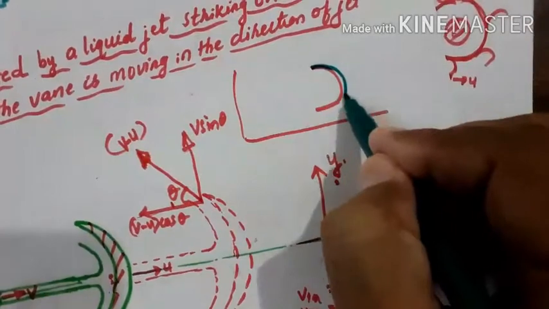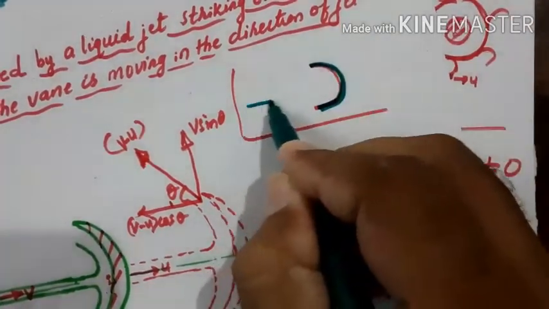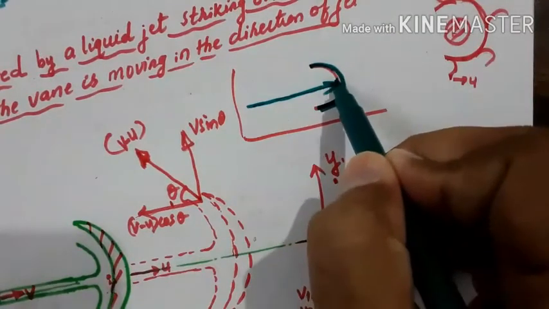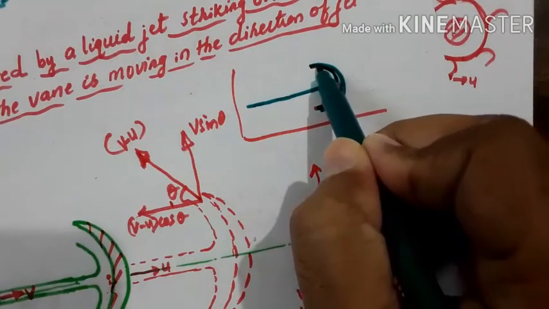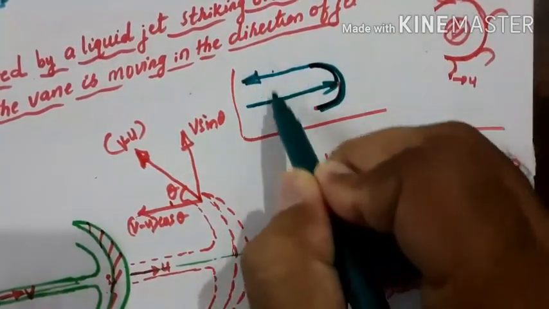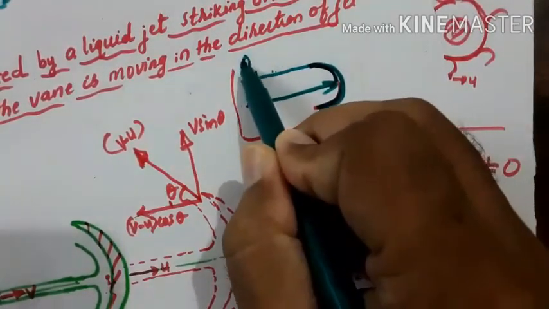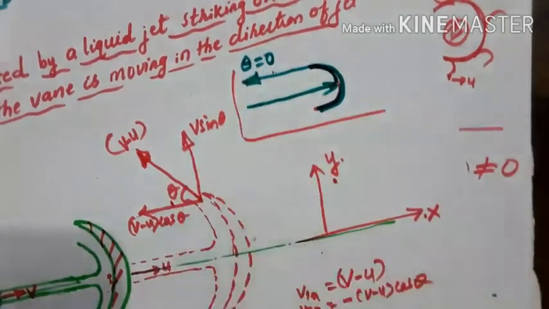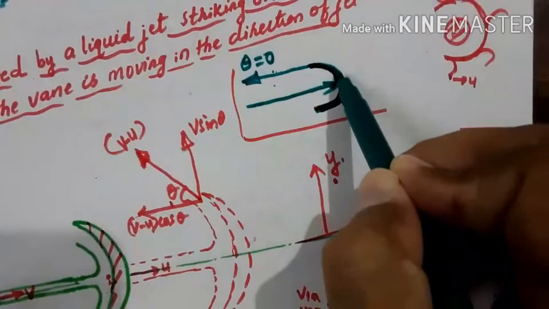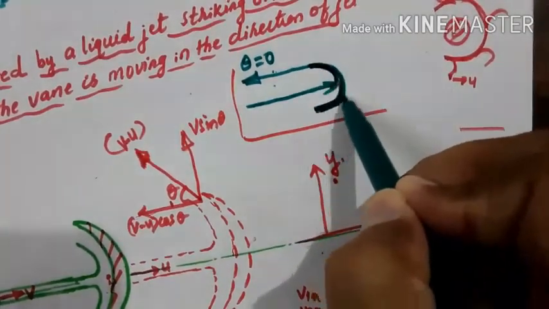See, this is the vane. The jet is striking in this way. When the jet strikes, the water glides over the surface, and if it exits like this, parallel to the incoming jet, if these two are parallel, then theta will be 0. When theta is 0, what kind of plate will this be? It is a semicircular plate.